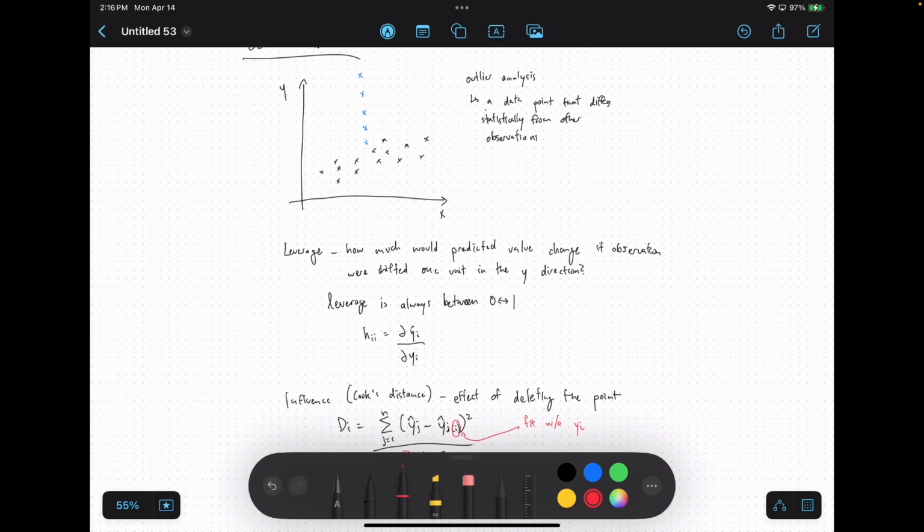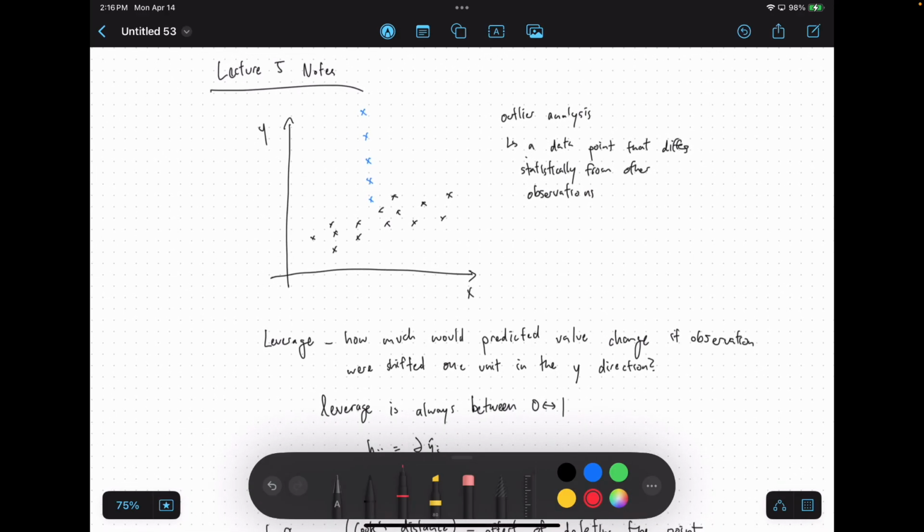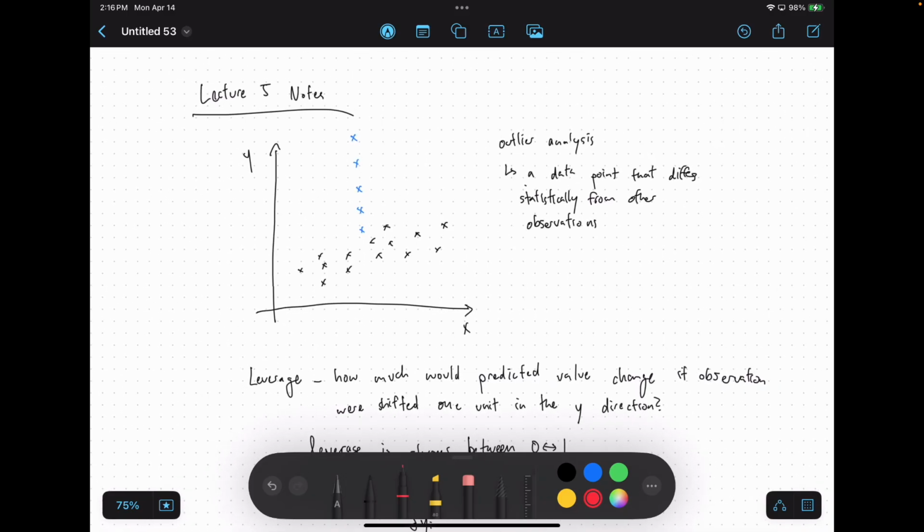If we think about leverage and influence in the context of the regression, you may think about some kind of fit that goes through here. Let's say we're thinking about this point. If I were to move this point up or down a little bit, that's going to shift this line up or down.